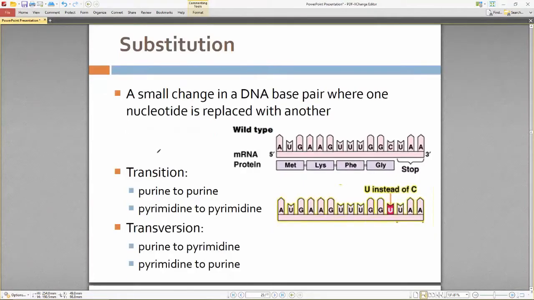Let's look at some different types of point mutations. A point mutation is when one nucleotide or a single base pair is altered. So first of all, let's look at substitutions. Substitutions are a small change in a DNA base pair where one nucleotide is replaced with another. So in this example, the cytosine has been replaced with uracil.